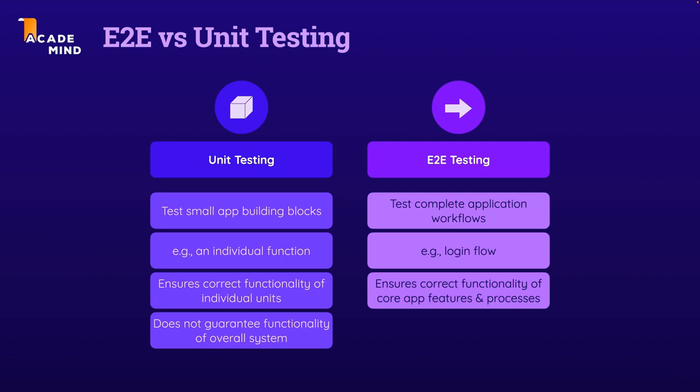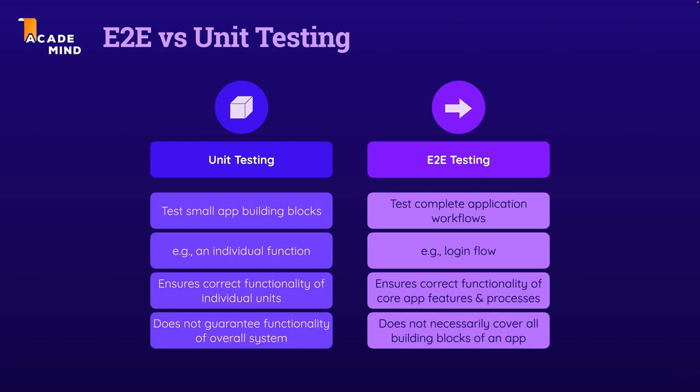With end-to-end testing, you're not necessarily covering all possible combinations of those different units, but you of course try to cover the most important workflows and features of your application. And combined with unit testing, you hopefully achieve a state of automated testing in a given project that allows you to cover all major building blocks and flows and catch errors and bugs early.